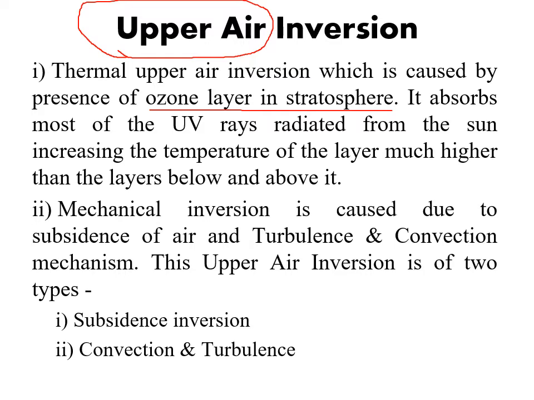The second way by which upper air inversion occurs is known as mechanical inversion, and it is caused by subsidence of air and turbulence and convection mechanisms. So the mechanical upper air inversion can be of two types. The first one is the subsidence inversion, and the second one is convection or turbulence inversion.